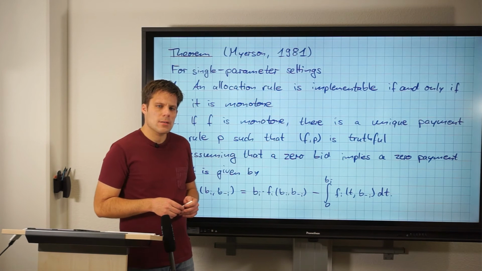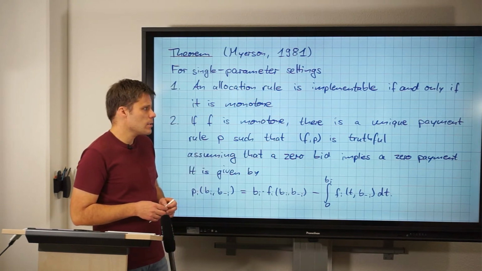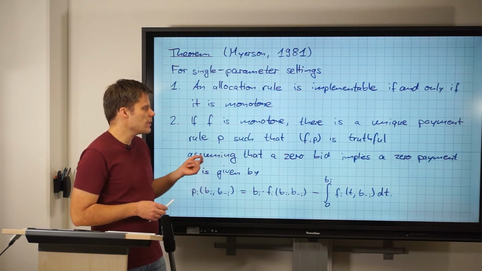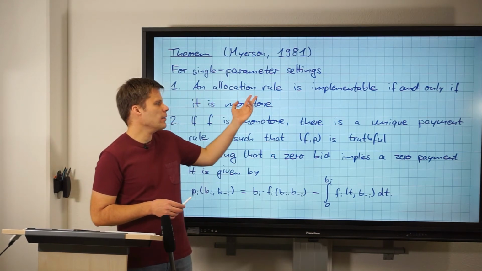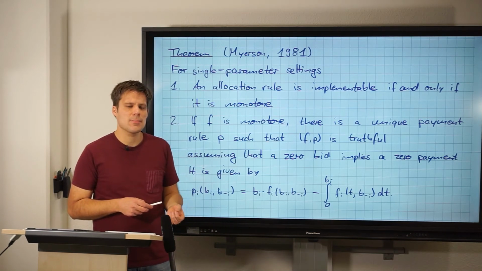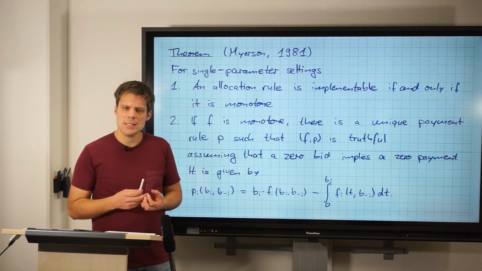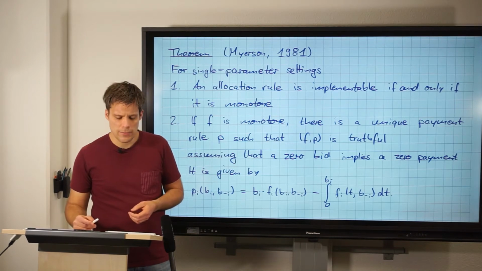Our goal is now to prove this theorem. And the first thing that we will observe is that for an allocation rule to be implementable, it is necessary that it is monotone. And while we're doing this, you can see how all these arguments work. Effectively, this isn't as complicated as it may sound at first look.